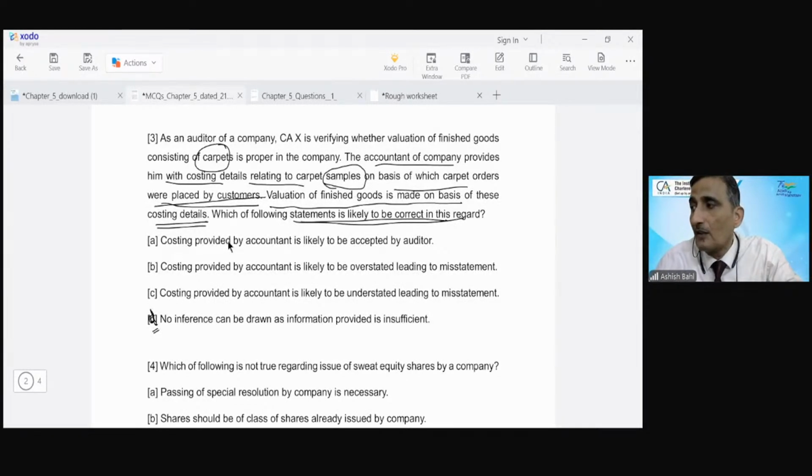Yes, Vedant, you are also writing correctly. It would include higher costs, and another reason would be that there would be higher wastage associated with producing samples.